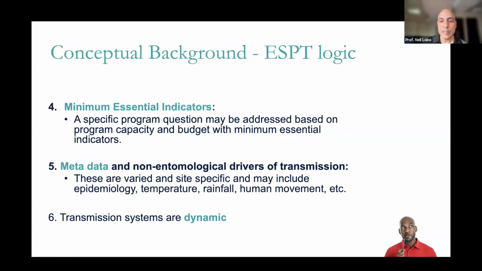Minimal essential indicators, I talked about that. We want to focus in on exactly what we want to collect to answer our questions. Let's take out all the extra things. We want to factor in metadata and non-entomological sources of data that help us understand things better. And as we mentioned earlier, transmission systems are dynamic. They change. They don't just change over seasons, they change potentially with climate change.